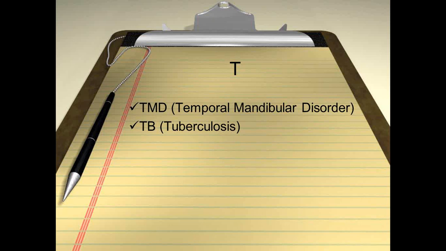And basically what's happening is either the muscles around the temporomandibular joint or the joint itself is being affected. It causes pain, irritation, inflammation, sometimes swelling. Usually the pain is when you're chewing or opening your mouth widely.